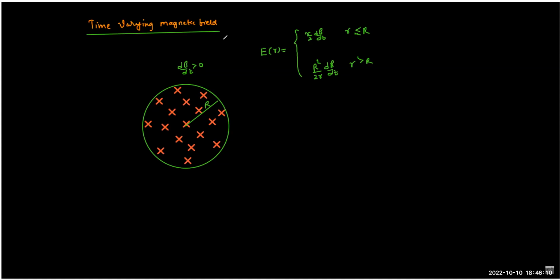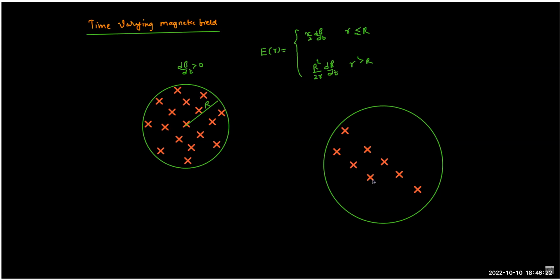So let's say we have a rod. First of all, we do have a cylindrical field. And now we have a rod.